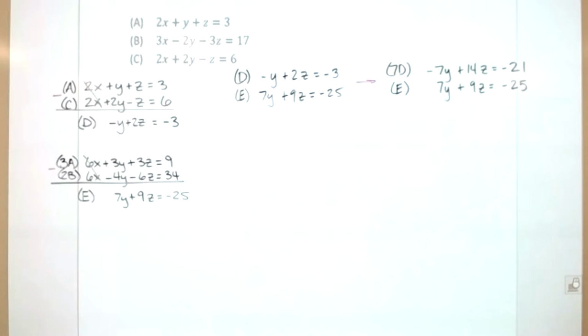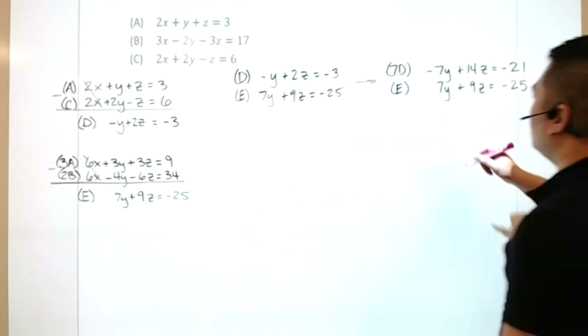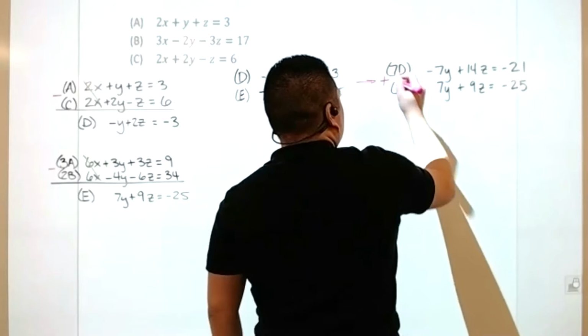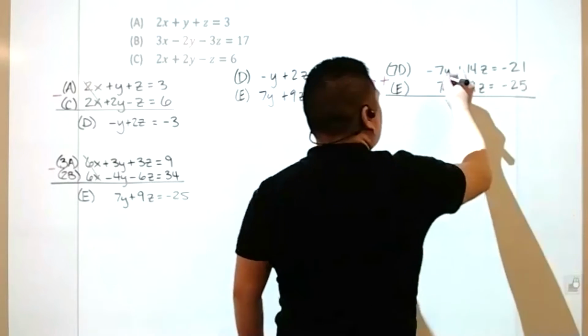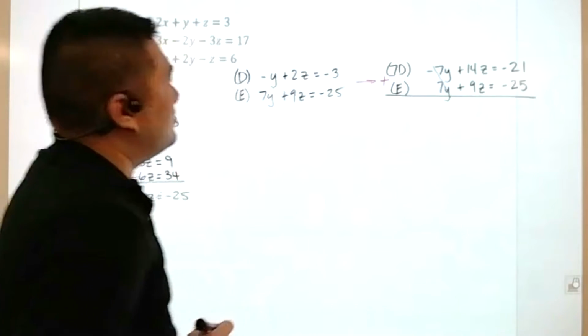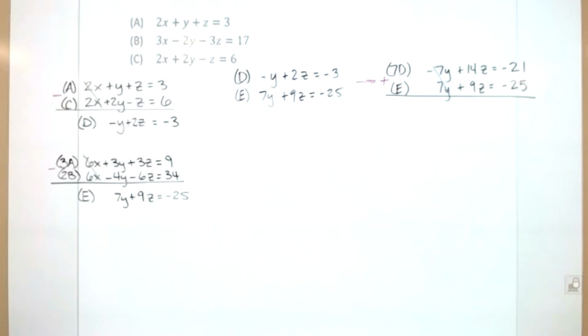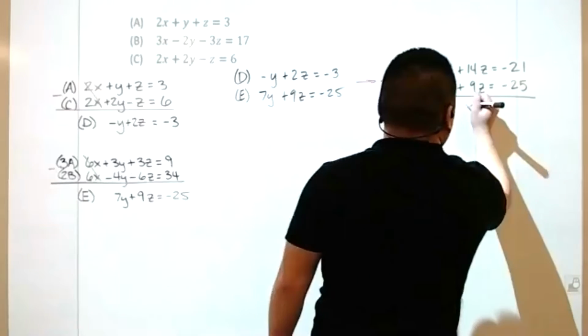And since the y's are now exactly opposite, where one's negative and one's positive, I can go ahead and add these two equations together to eliminate the y. So 14z plus 9z, that's going to make 23z.